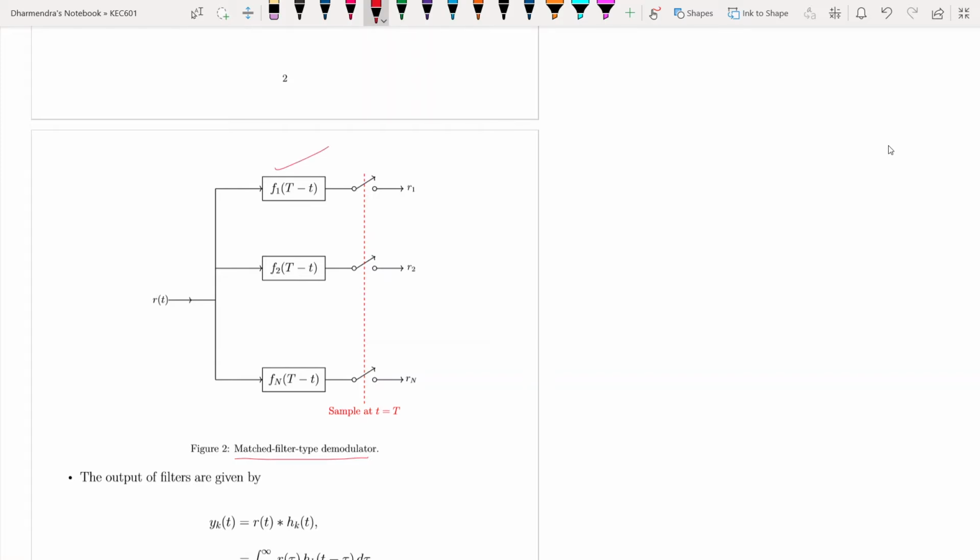We are using these matched filters, and then we sample at t equal to capital T.